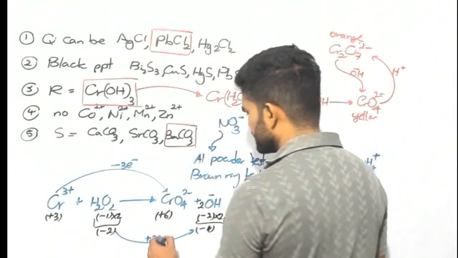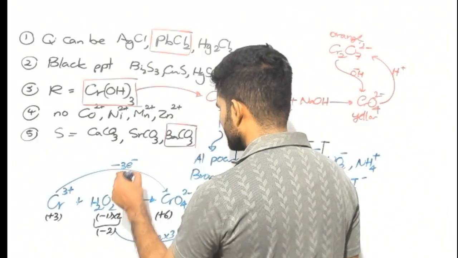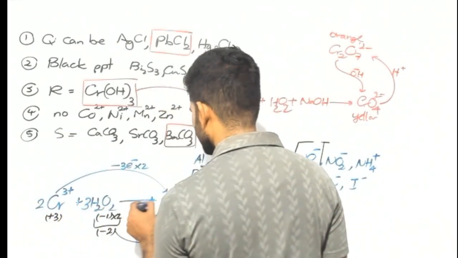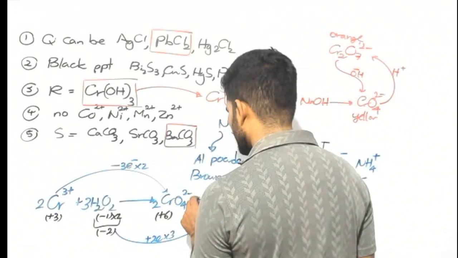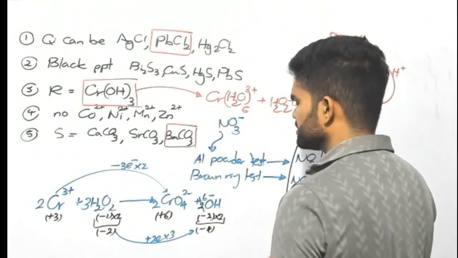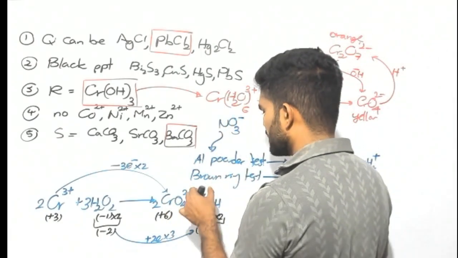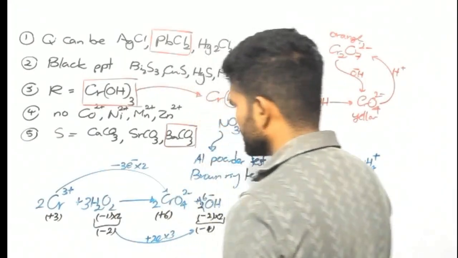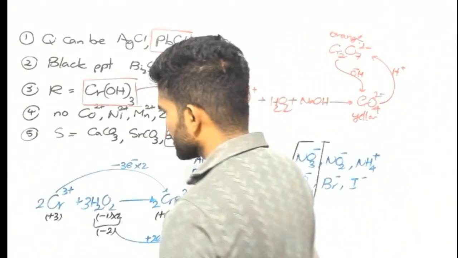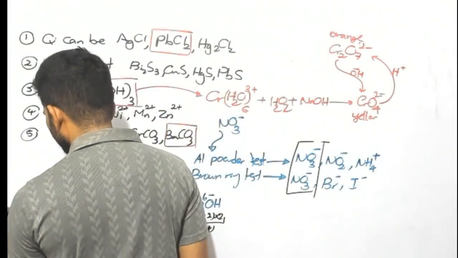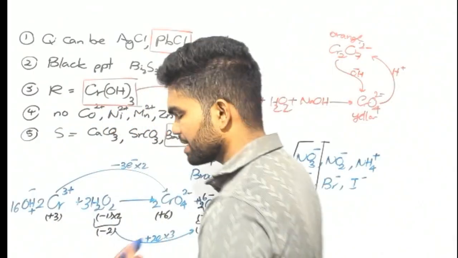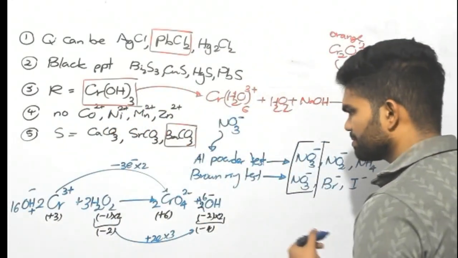Now the least common multiple is 6, so here you have 2, 3, 2, and here you have 6. Then to check the charges, on this side you have -10, and on this side you have +6. To balance the charges, you add 16 OH minus. Then both sides will have -10.